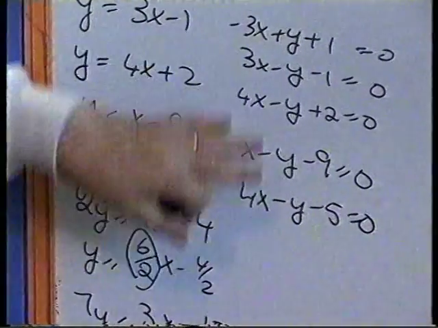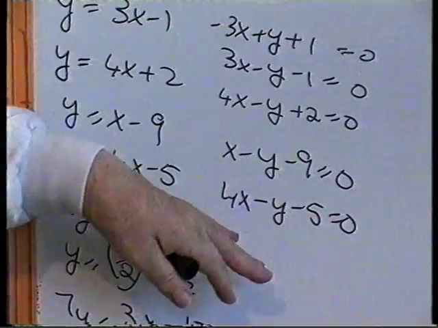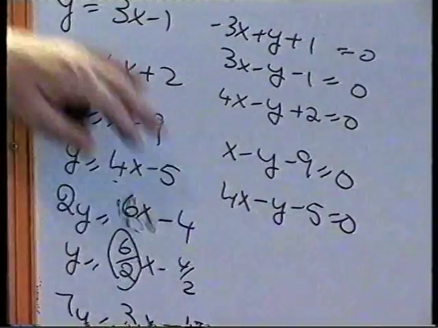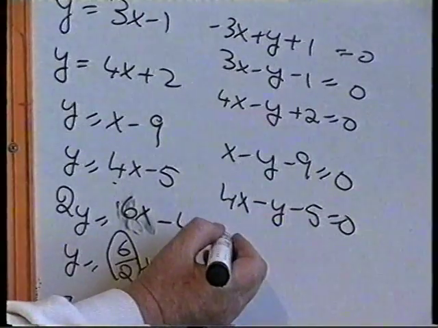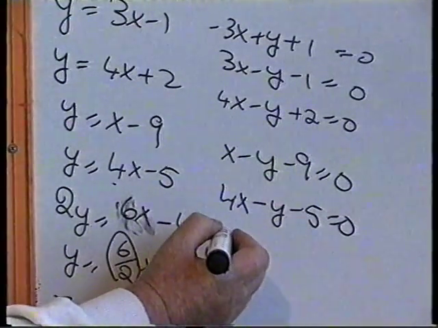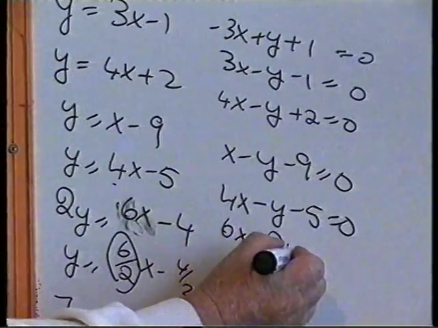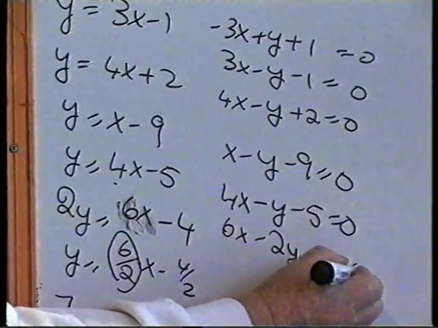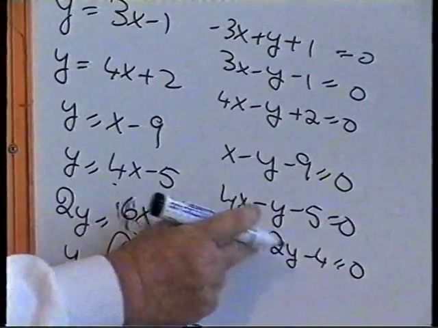So when you get it in that form, if one of x and y is plus and the other is minus, your slope is going to be plus. And it's going to be whatever's in front of the x over whatever's in front of the y. In this one, 6x minus 2y minus 4 equals 0, it's a plus slope, and it's plus 6 over 2.